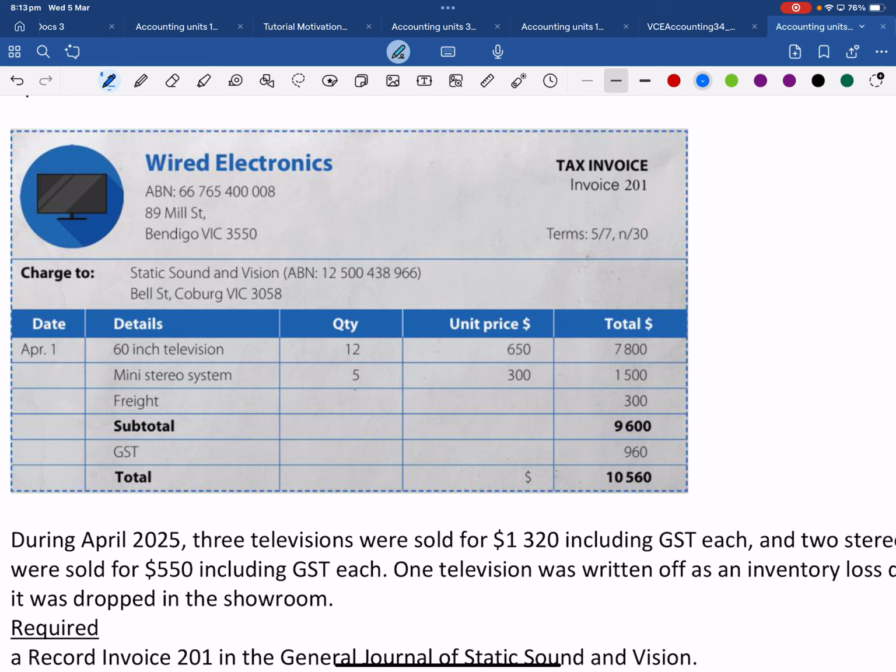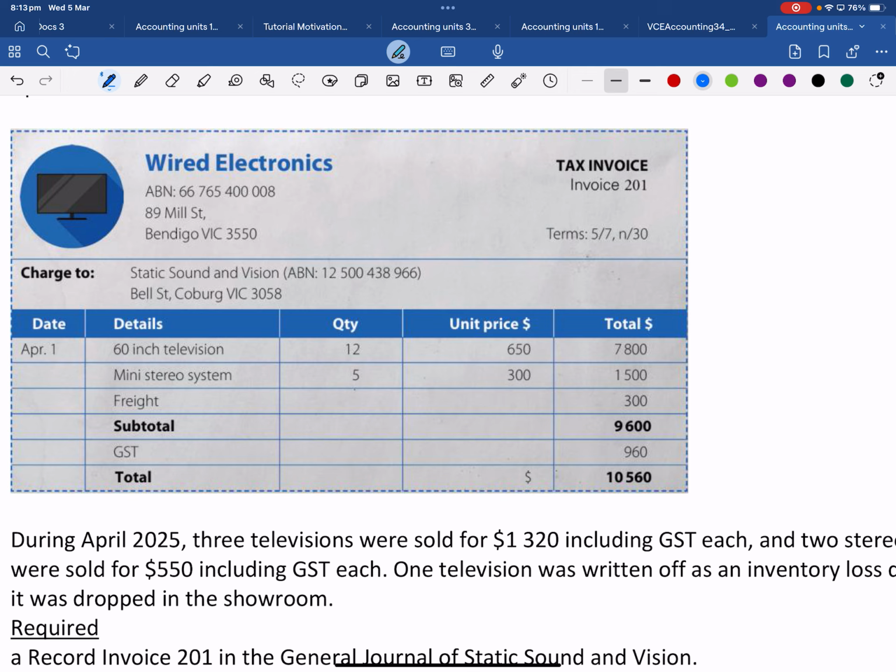Is the freight included? The question is, do you include the freight or not? Yes, because it is part of the product cost. Okay, freight is a product cost here.